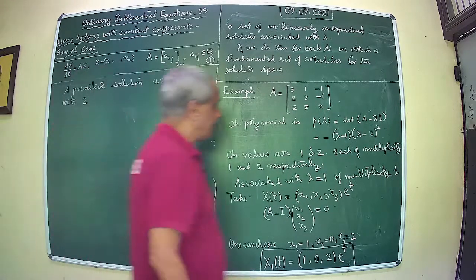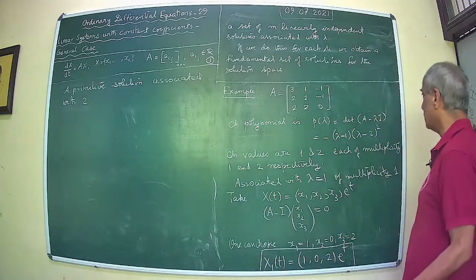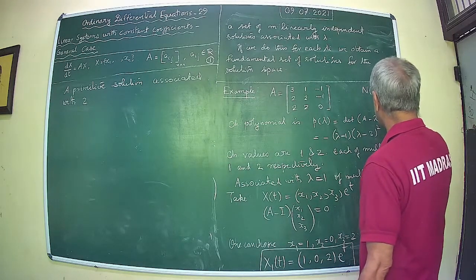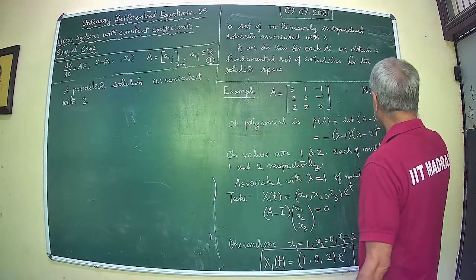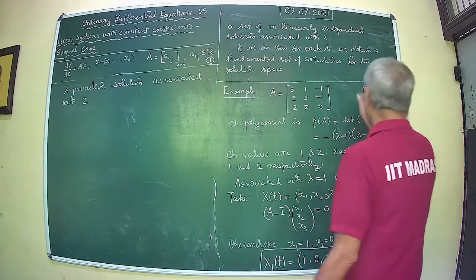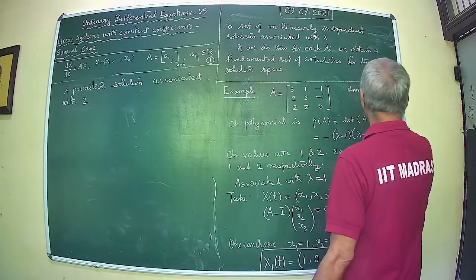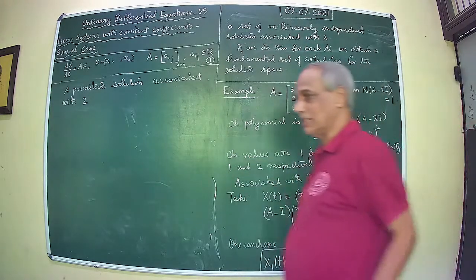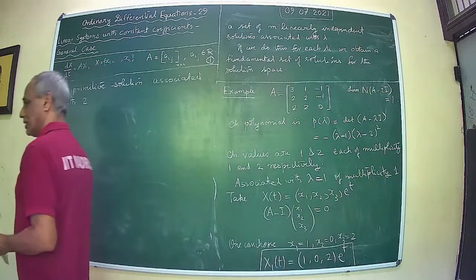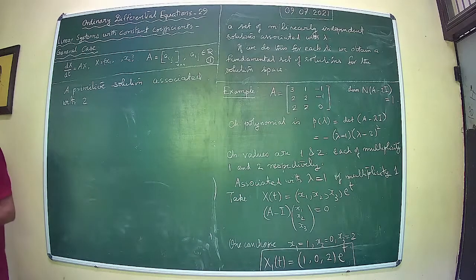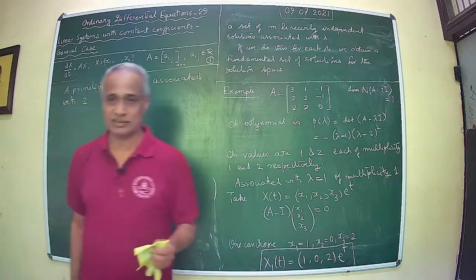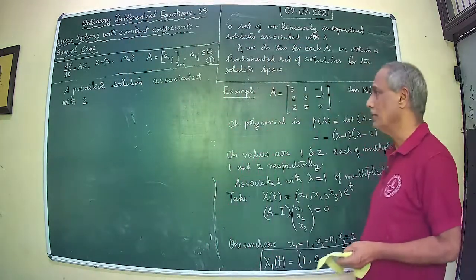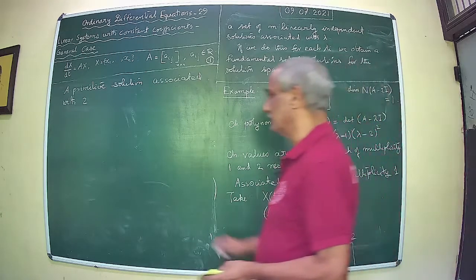The problem is this: associated with 2, you look at the null space of A minus 2I. The dimension of this is equal to 1. So you don't have enough eigenvectors to craft a basis for the vector space. That's the problem. So you will have to work with a more general situation.